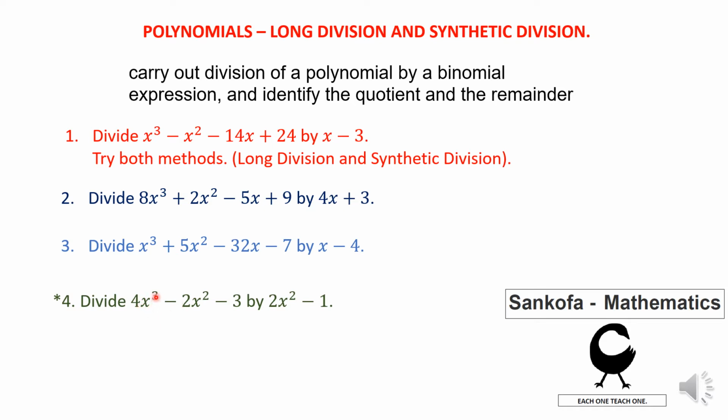This is 4x cubed minus 2x squared, but there's no x term, so we are also going to do something there in order to have a placeholder, like when I add plus 0x, which is the same as adding nothing, but for a placeholder it's important. The same applies with the 2x squared minus 1 here. So the 2x squared, then you don't have an x term, so we're going to add plus 0x. You will see once we get to that particular question.